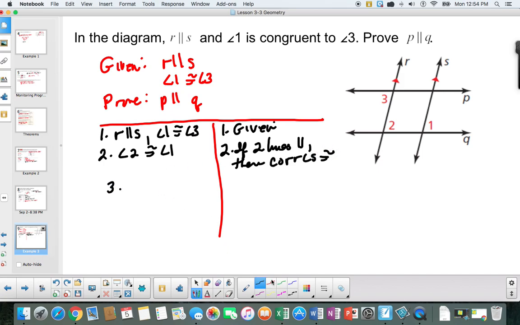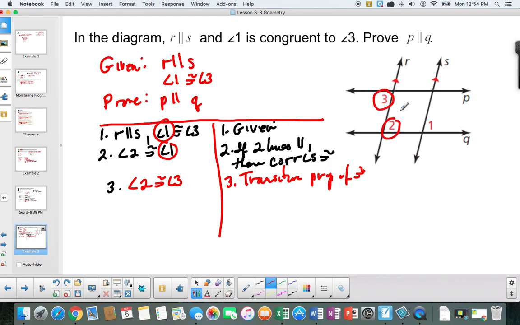Now I see this connection going on between angle 1 and angle 1, so I can say angle 2 is congruent to angle 3, and that's going to be the transitive property of congruence.